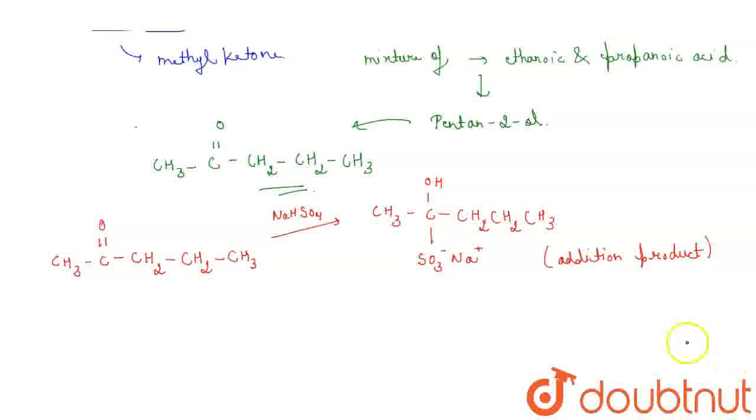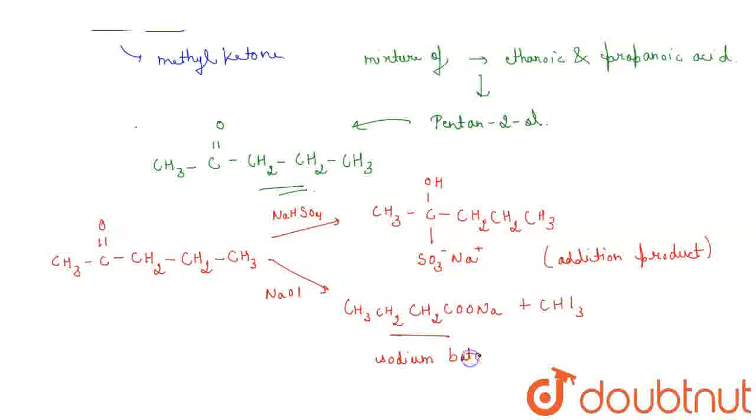Now moving forward, when this pentan-2-one reacts with NaOI, it gives CH3CH2CH2COONa plus CHI3. This is sodium butanoate, and this is iodoform, or we can say yellow precipitate.